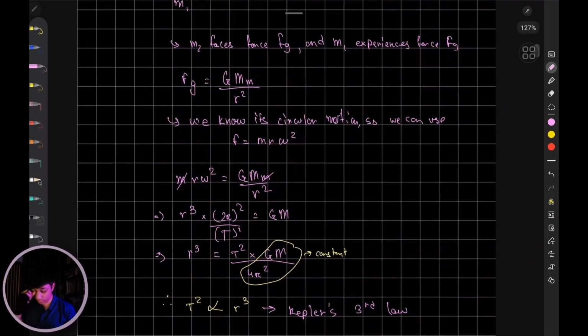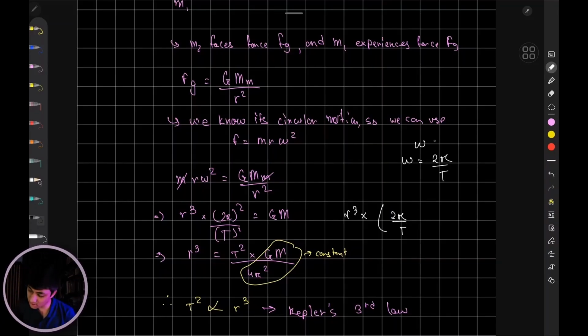So what you can do over here is make r cubed the subject, that is, this r is going to go over here and it's going to give you r cubed times omega squared. You can break omega down as 2 pi by T, because you know omega is 2 pi by T, right? This is your formula for angular frequency from circular motion.